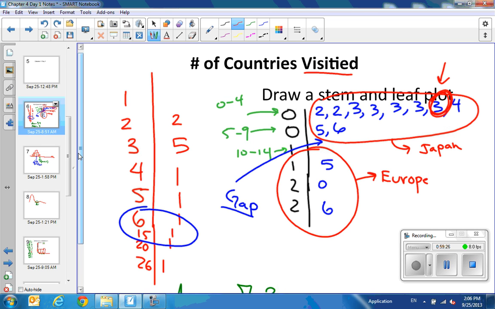You could think of it as Q2, but we'll call it the median instead. Now Q1 is the median of the bottom half of the data. What's the middle of these numbers? There's 6, so I take the middle 2 numbers and average them. Here's the most difficult question of the day. Ready? What's the average of 3 and 3?